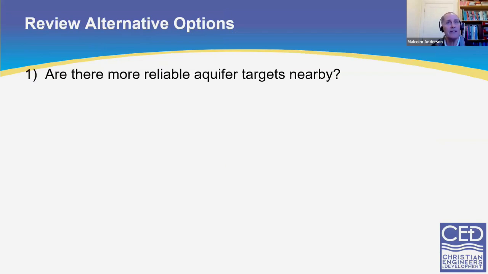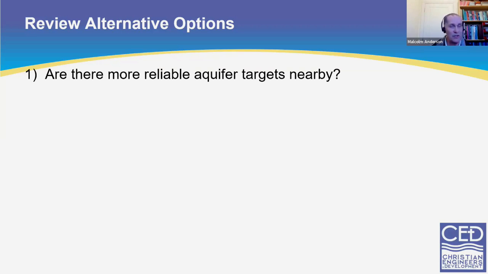In the process, there are a number of questions to keep in the back of your mind that the water feature survey will help clarify. Basically: are there more reliable aquifer targets nearby? As I mentioned in the first talk, most of the time the demand location governs where you want to put your well or borehole.